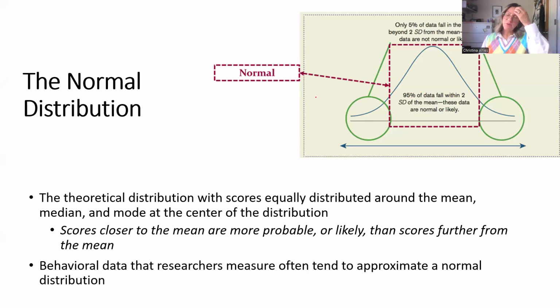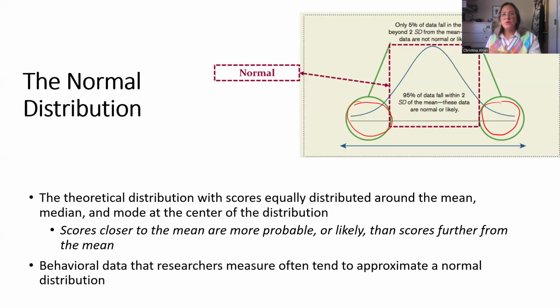When we're doing social behavioral research, we're trying to distinguish between what is normal or likely and what is unlikely. Any of these areas out here in the tails are unlikely to occur. They're less probable.